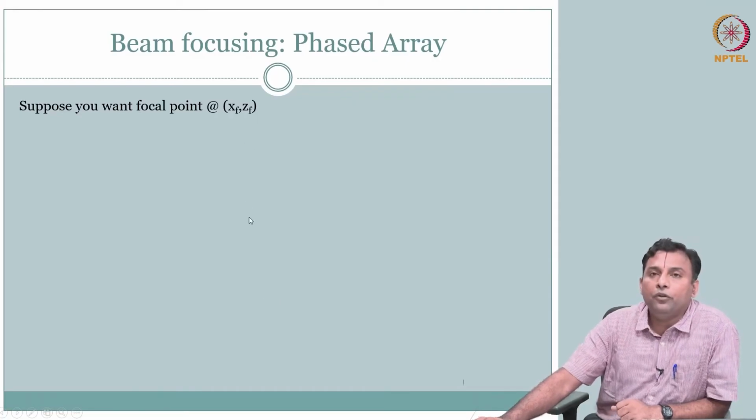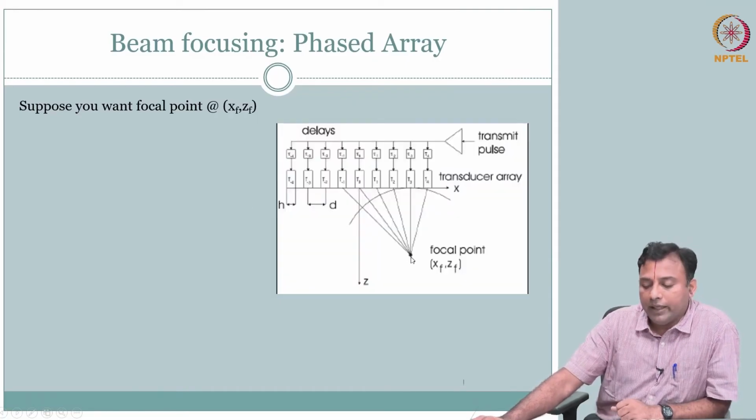So, how do we do focus? Take a point where you want to focus, arbitrary, some xf comma zf. xz is your imaging plane, and you have your point. Now the objective of focus is that I want all the waves to arrive at the same time, coherently, at this location.